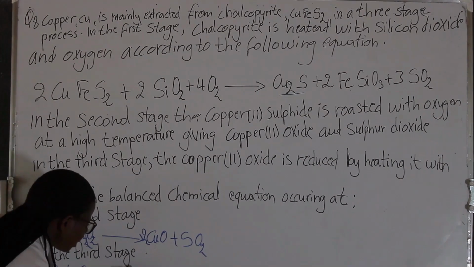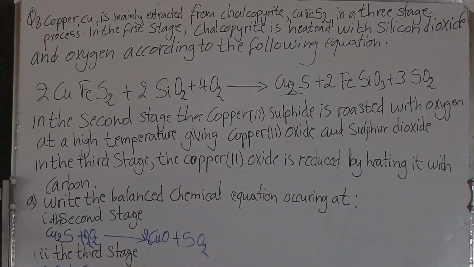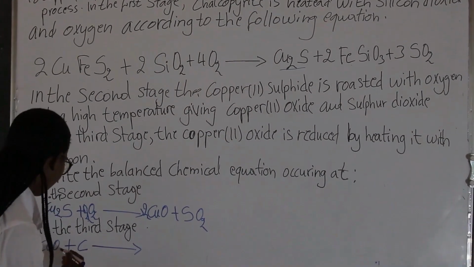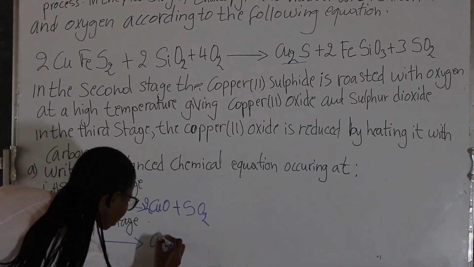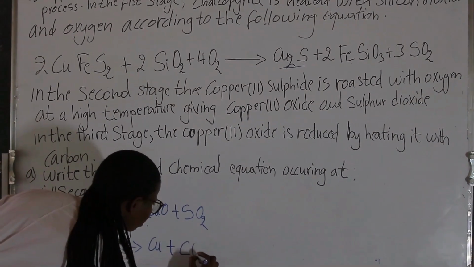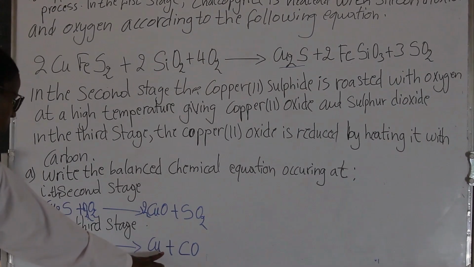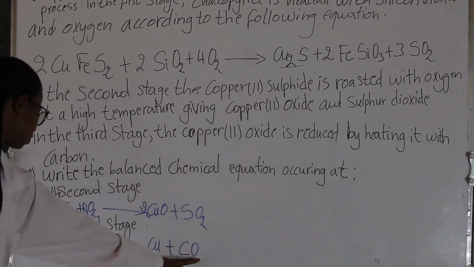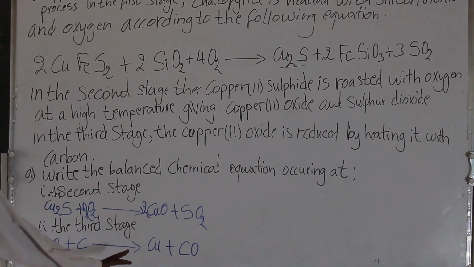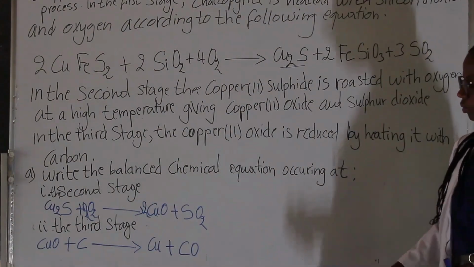This will give us copper plus carbon monoxide. Let's check if our equation is well balanced. We have 1 copper in reactant, 1 copper in product, oxygen, then carbon. It is well balanced. So let's move to the next sub question.